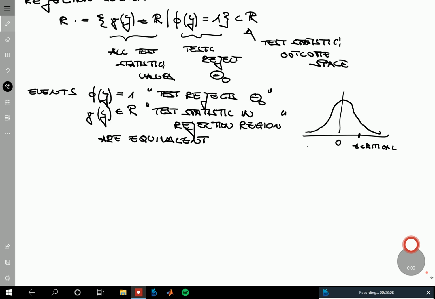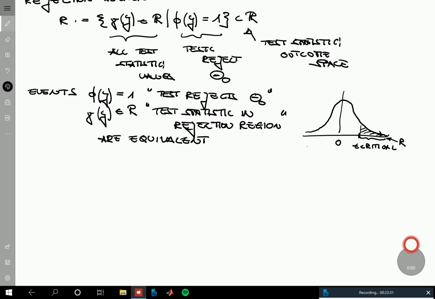So you will reject everywhere here, so that's your rejection region, the right tail. And then, of course, you can get the probability for the test statistic to fall here from the t-distribution. And this probability is then the same probability as the test rejecting the null hypothesis.